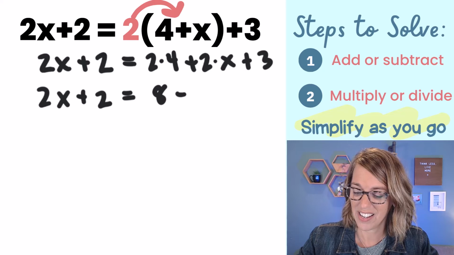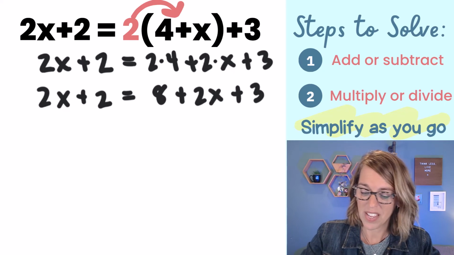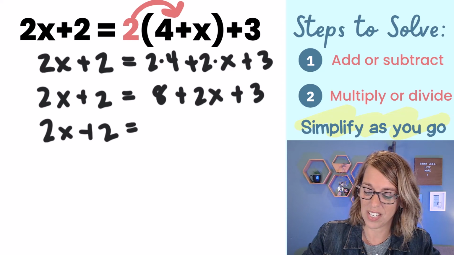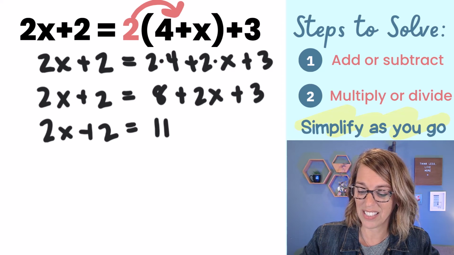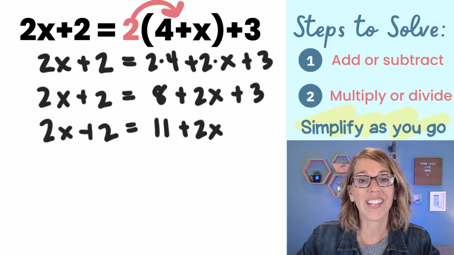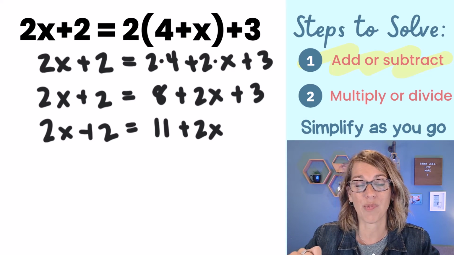I get 8 plus 2x plus 3. So that gives me 2x plus 2 is equal to, I can add the 8 and the 3. That's 11 plus 2x. Now I'm finally ready for that first step, which is to add or subtract.